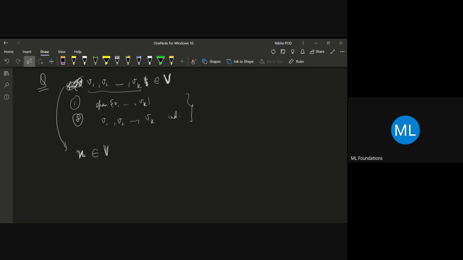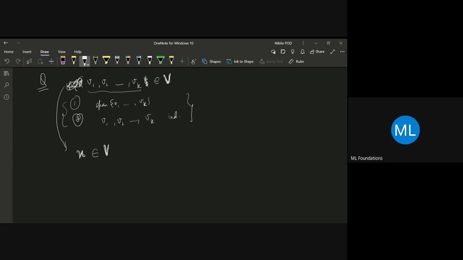So a basis should satisfy these two properties: they should span the whole vector space, and they should also be independent, so that if you take any vector from the vector space, you can write it uniquely.